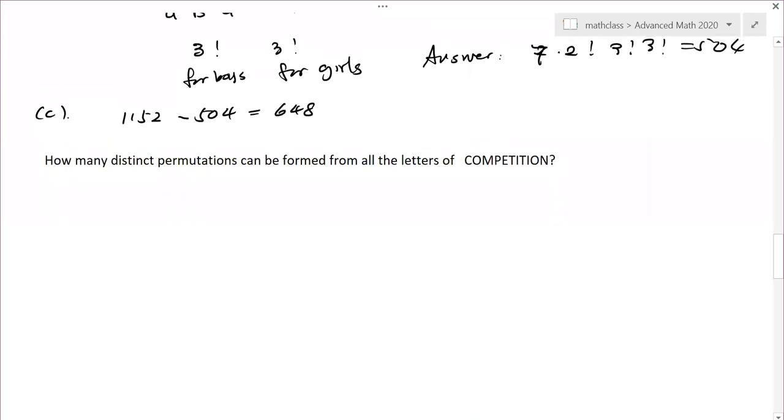How many distinct permutations can be formed from all the letters of computation?